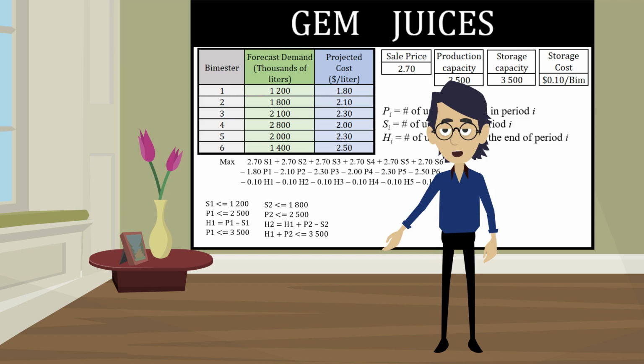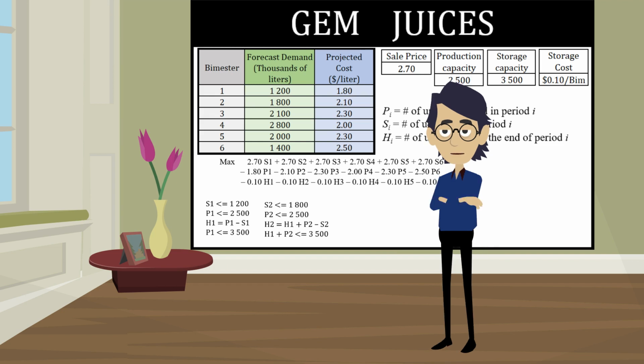The third constraint states that the units that will remain in storage at the end of the second bimester will be the difference between our production and the number of units sold, plus the units that were saved in the previous period. The fourth constraint refers to the storage capacity. The number of parts that can be placed in inventory, including our production, cannot exceed 3,500 units.